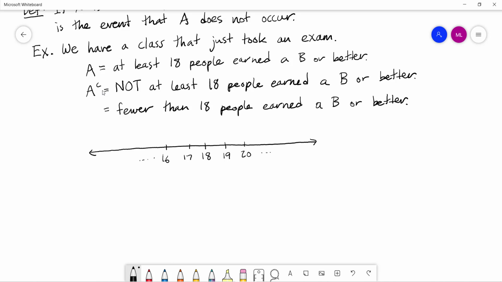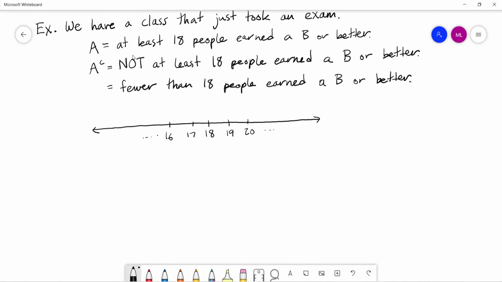So what if exactly 18 people got a B? So this number right here in the middle that we've drawn. What does that outcome satisfy? If exactly 18 people got a B, what is satisfied? A or A complement?